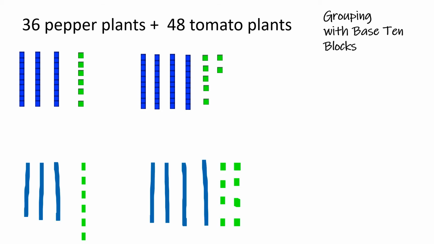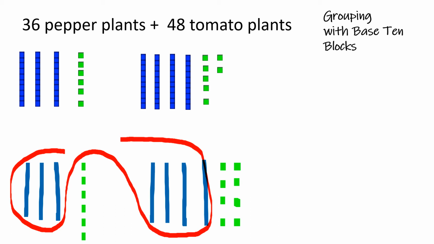For your 10s, you simply drew a stick. And for your ones, you drew a little box or a dot. Then you could group your tens together and your ones together to add. Let's see what that would look like. I could group my tens and I would have 7 tens, which is 70.